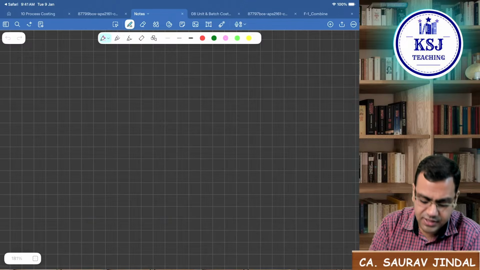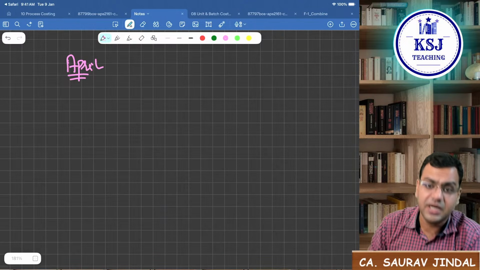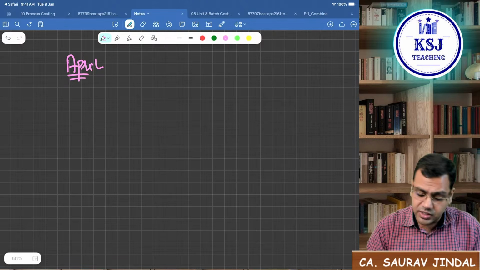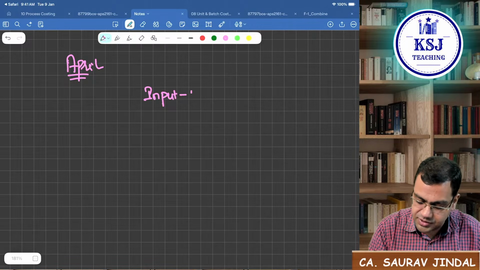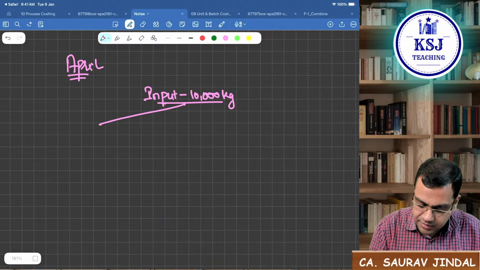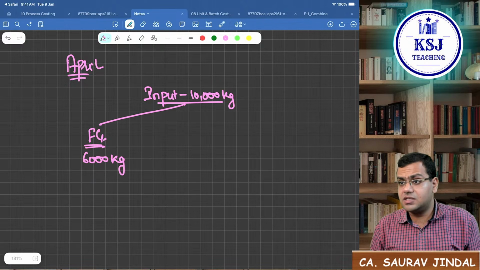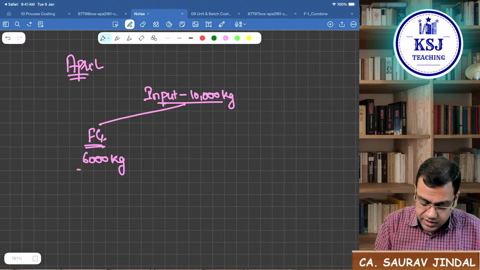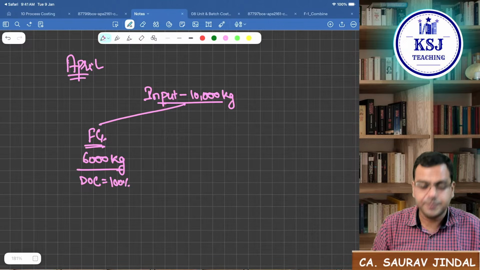Now, in the particular month of April, I input 10,000 kg. Out of this 10,000 kg, I converted 6,000 kg into finished goods, which is 100% complete, so the degree of completion will be 100%.